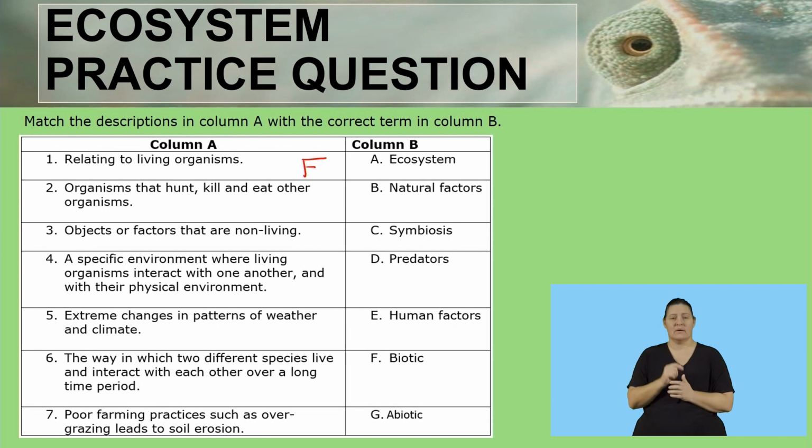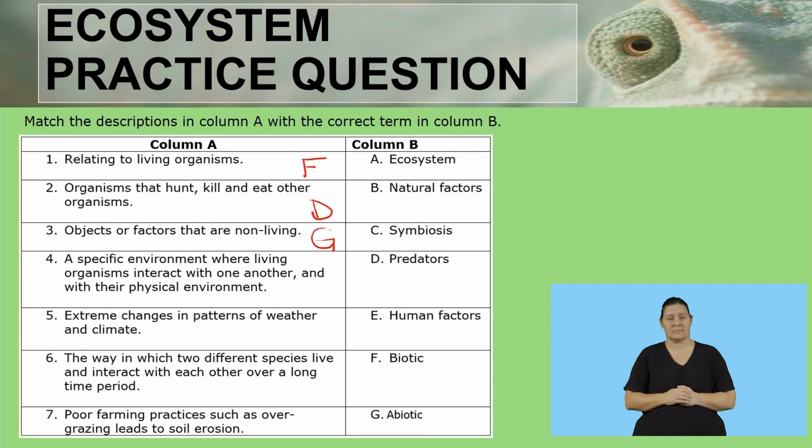Going again to column B, you would have noticed that our answer for this description is D, which is predators. Number 3, we have objects or factors that are non-living. So if you go to column B, the word that matches this description is G, which is abiotic factors.